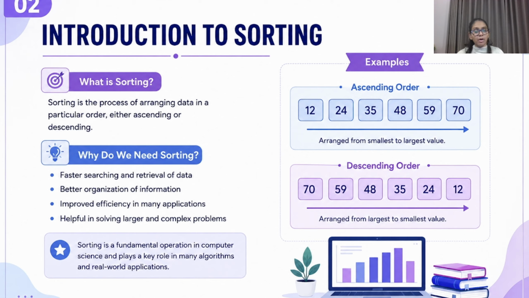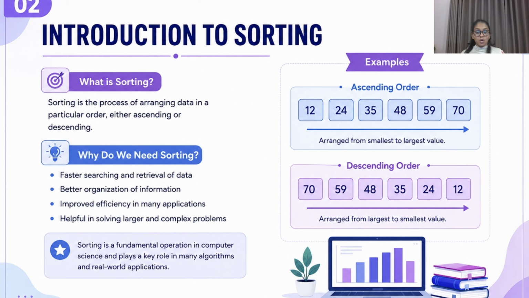So, why is sorting important? Sorting is used everywhere in computing. Imagine a database containing hundreds or even millions of records. If the data is properly organized, searching and processing that information can become much easier.